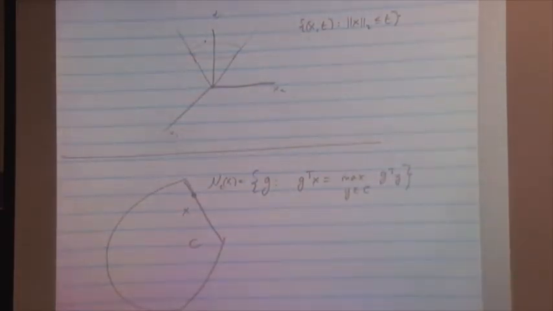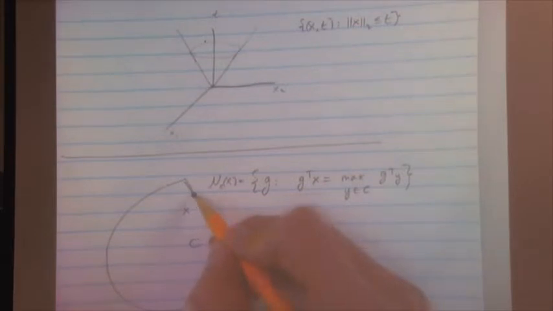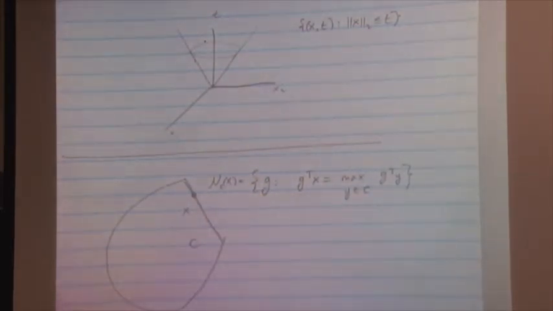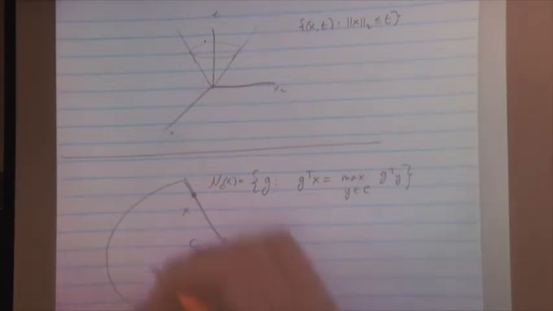So if I look at the inner products of vectors with the given point x, they have to be maximized at x versus all other points in the set. So what does the normal cone look like for this point x here? Here's 0. Here's x.